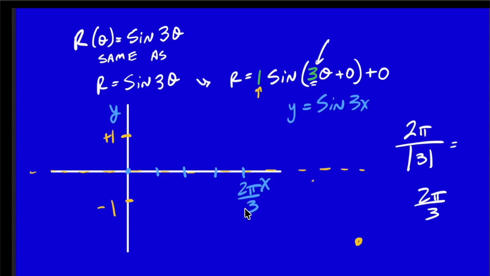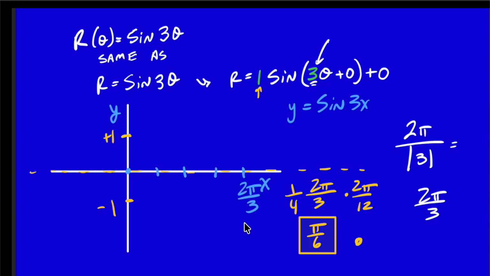We take 2 pi over 3 and we multiply by 1/4, and we get 2 pi over 12, otherwise known as pi over 6. Now, because we're in the world of sixes for each fourth of a period, I'm going to change that to 4 pi over 6. And if your teachers don't like that, you can just go ahead and at the very end go back and reduce all of these fractions.